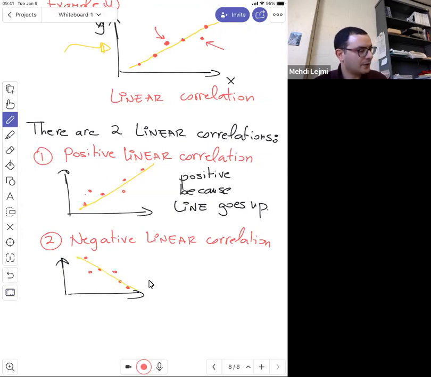An example like this, and so in this case we have a negative linear correlation because the line, of course, goes down.